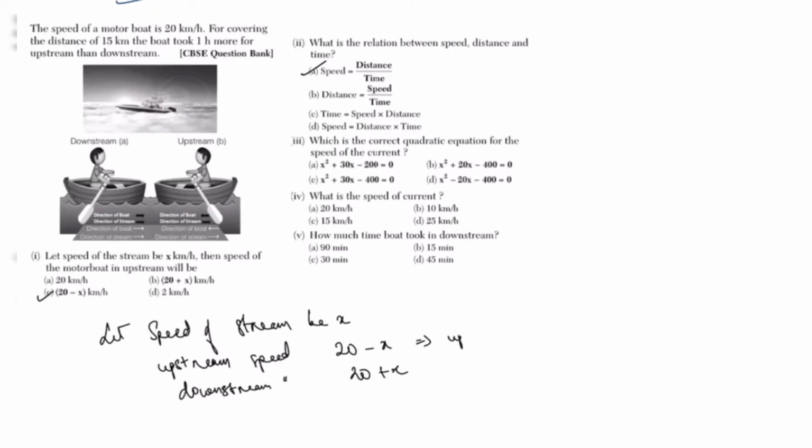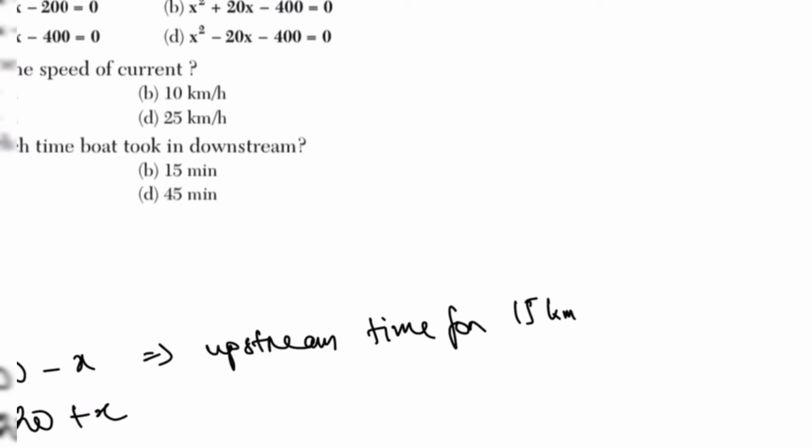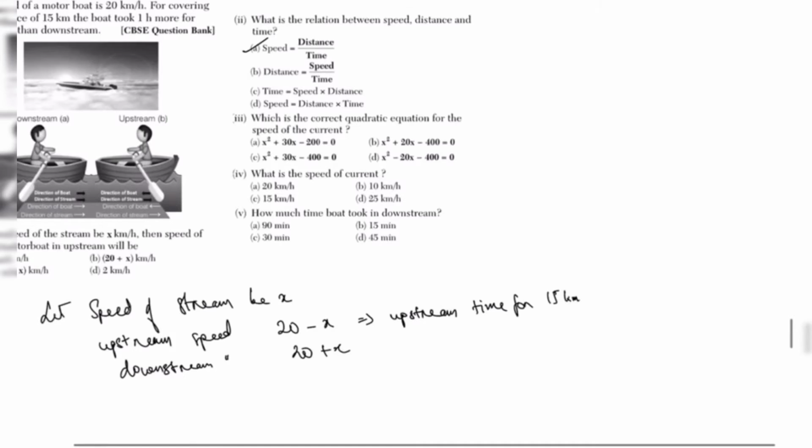What is the upstream time for what was the distance? 15 kilometers. So time is again distance by speed. So that makes it 15 by 20 minus x. And sorry, this should be downstream.